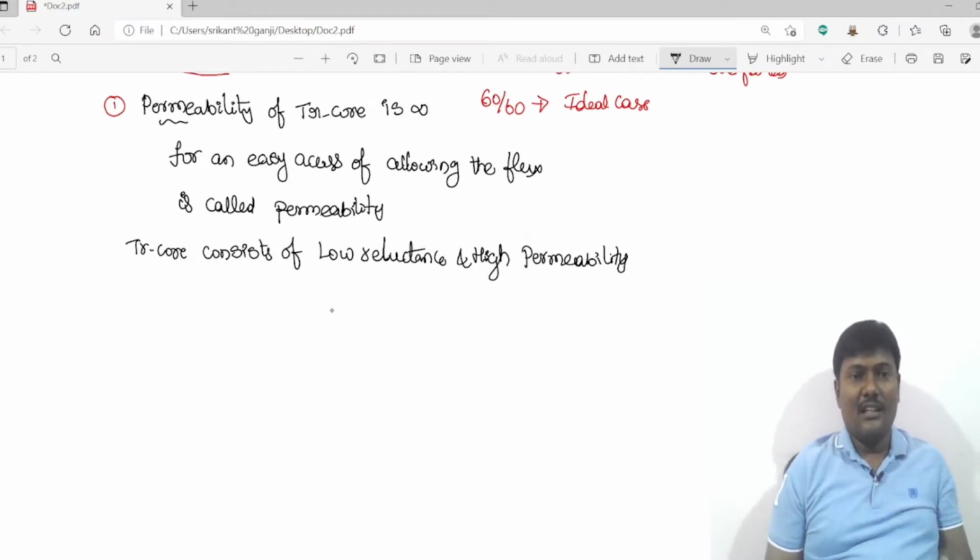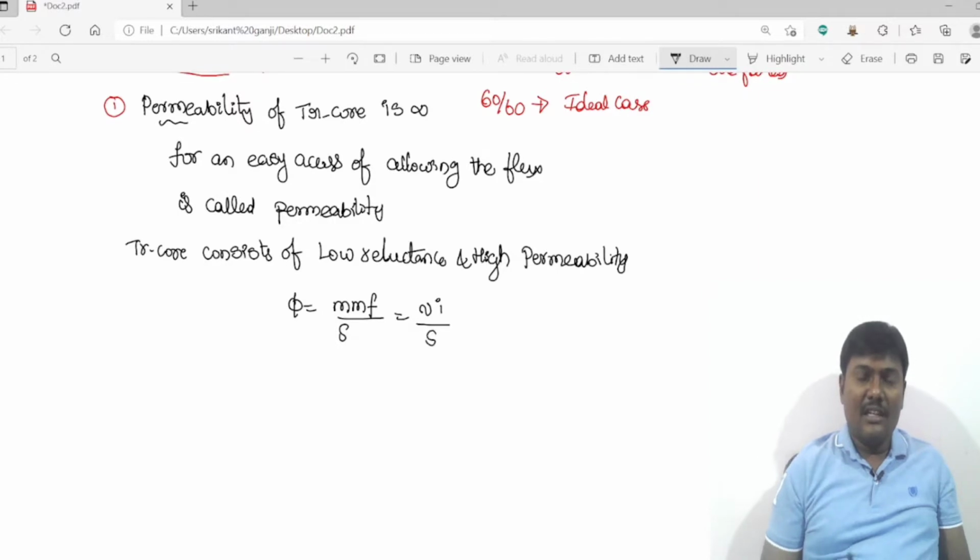Just like resistance in an electric field, flux is equal to mmf divided by reluctance. The reluctance can be represented with the letter S. mmf is the number of turns times current, divided by reluctance. If the reluctance is minimum, the flux distribution is maximum.